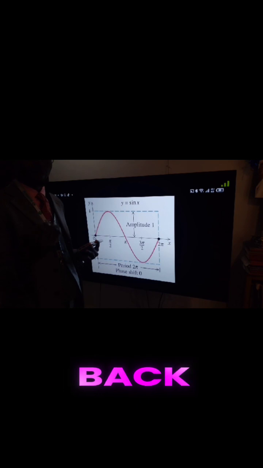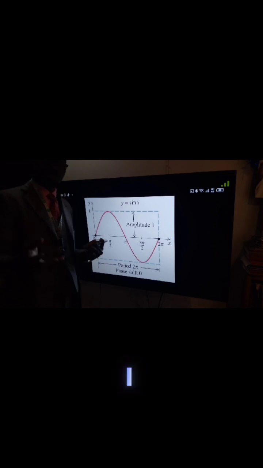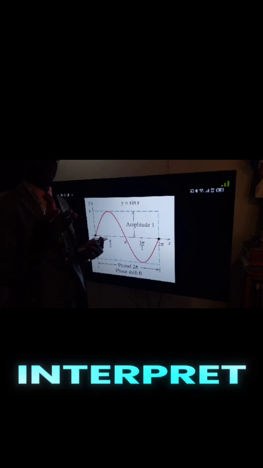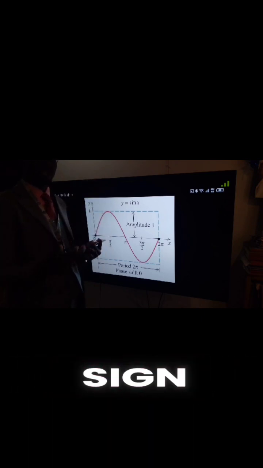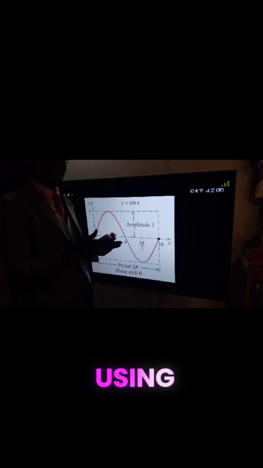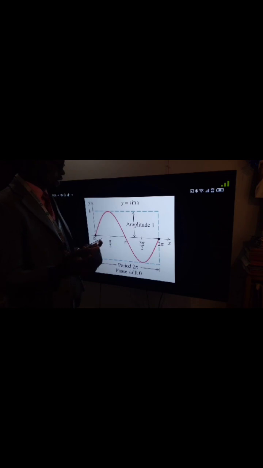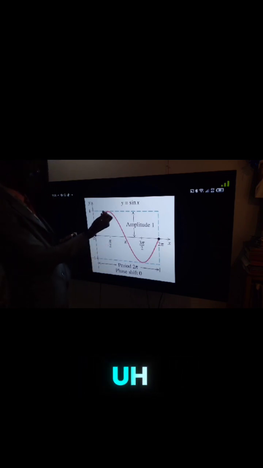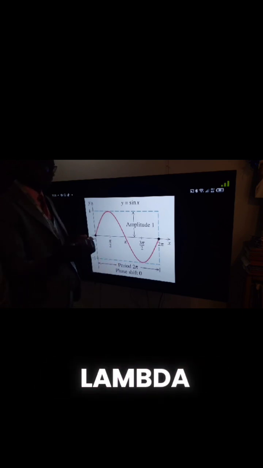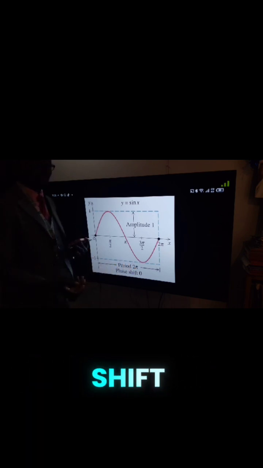This takes you back to the introduction video that I did earlier on, in terms of how to understand and interpret different sine symbols on the space, and even using a little graph sketch or illustrations. From here we have the amplitude, which can be given as lambda in terms of calculation, and then we have the period shift.